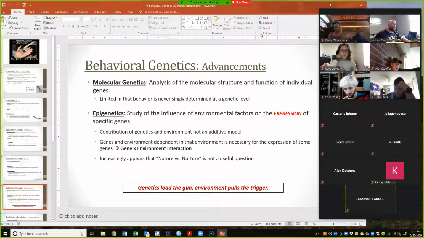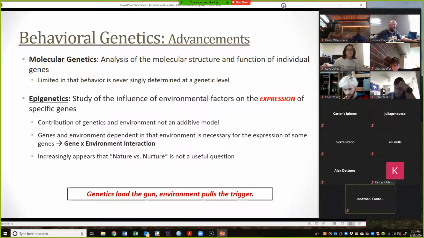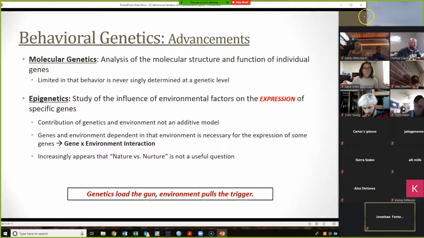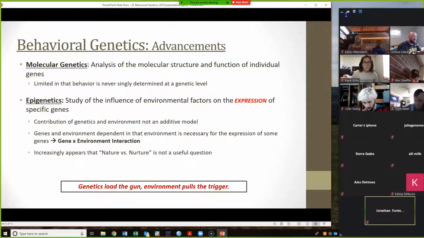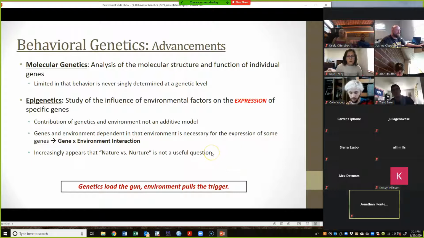As we've gotten more sophisticated in thinking about this, we start to realize we're probably not working with some sort of additive model.